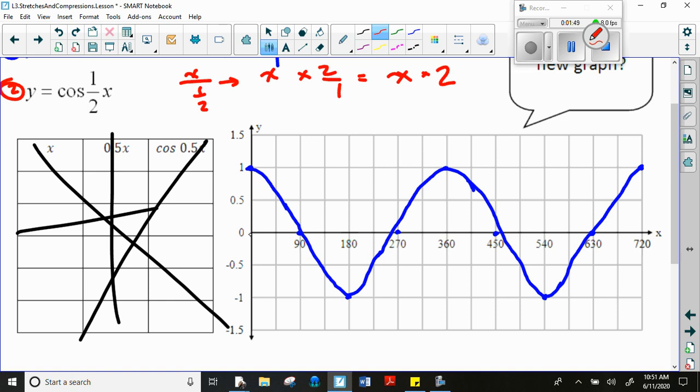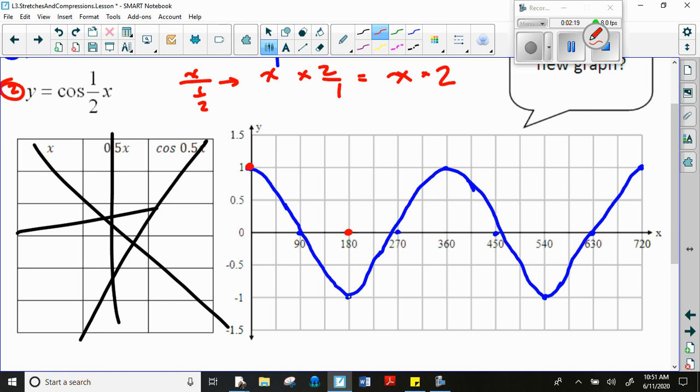So we start off with this x value of 0 because we know that at this x value our y value is 1. So x times 2, 0 times 2 is 0, which means this y value is going to stay exactly where it is at 0, 1. Okay, this y value is going to be at x times 2, 90 times 2. That's 180.